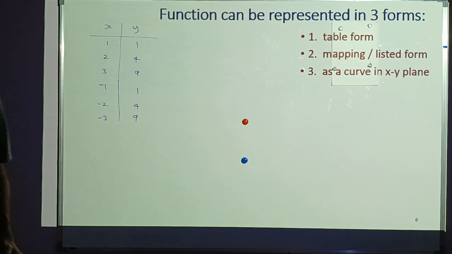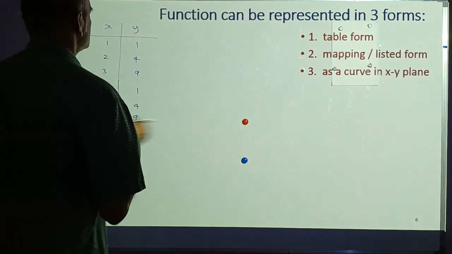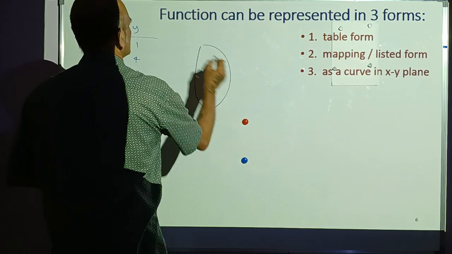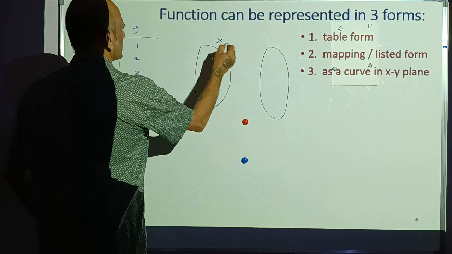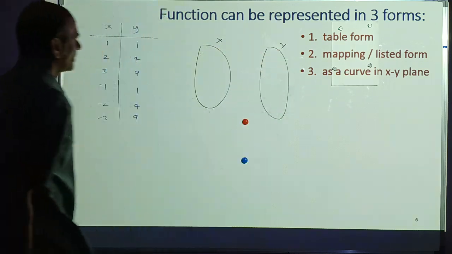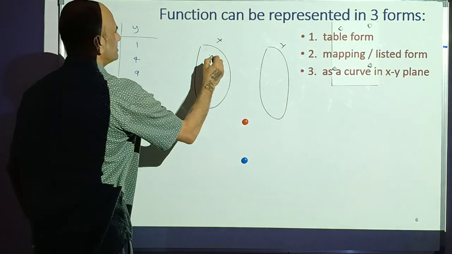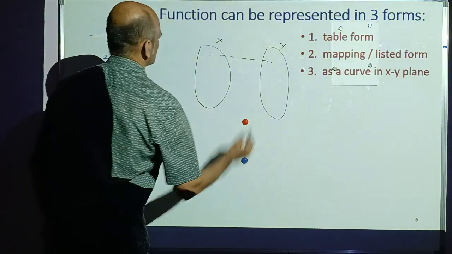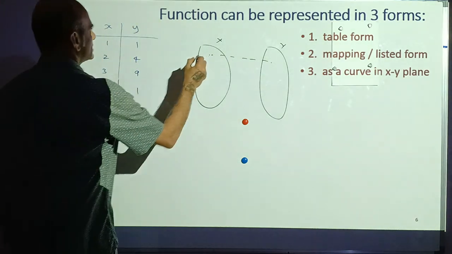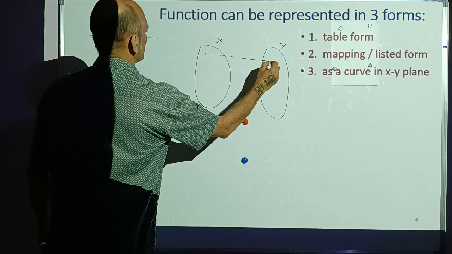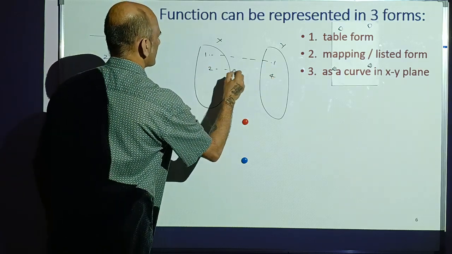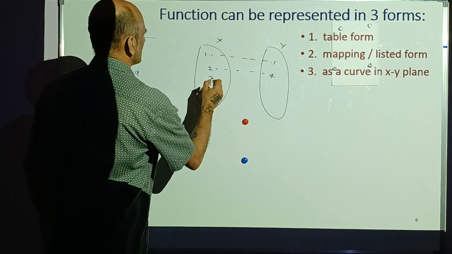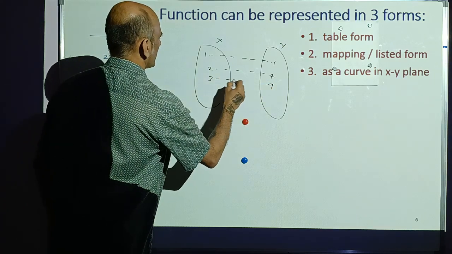The same information can be represented like this. I have two sets x and y. So value of x will be mapped to the corresponding value of y. According to this, 1 is mapped to 1, and then 2 to 4, and then 3 to 9.